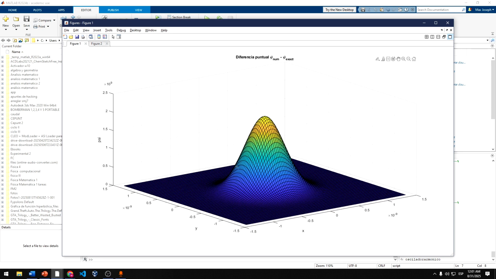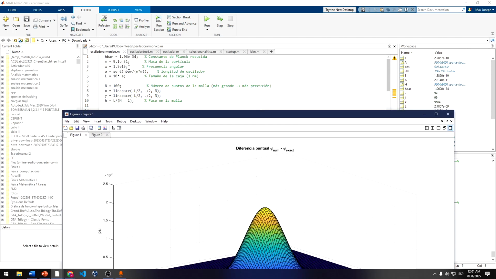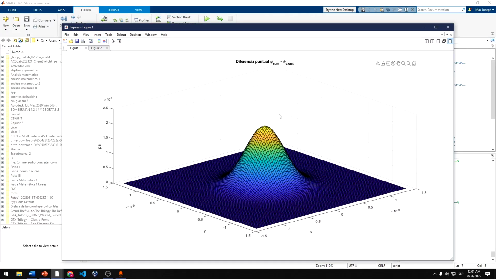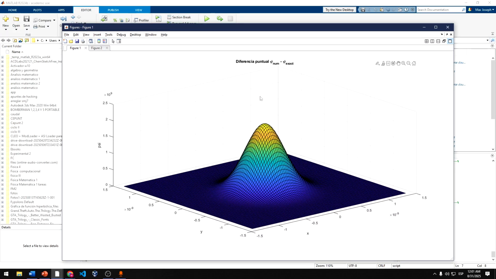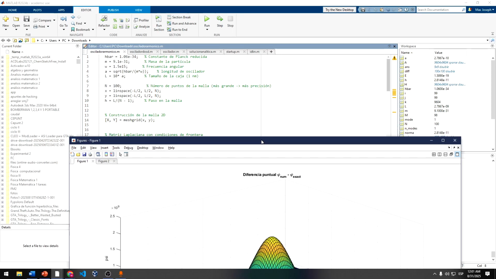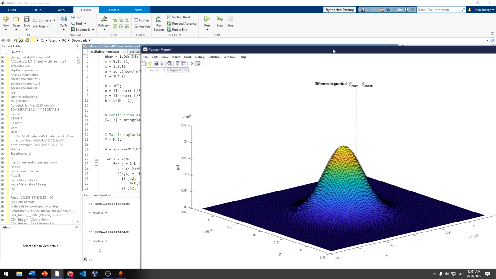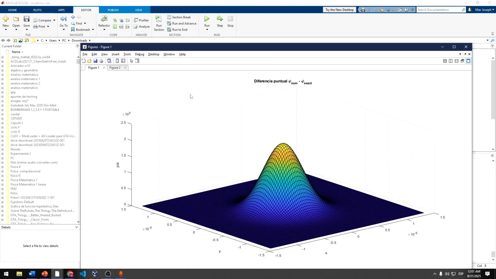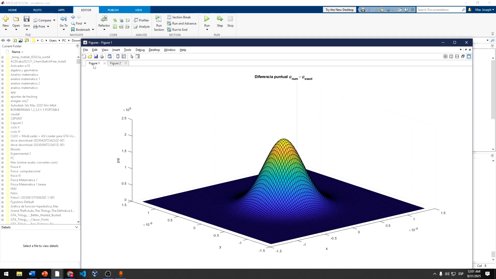Y el error, al tener unidades demasiado pequeñas y grandes a la vez, las diferencias entre una función analítica y una función numérica van a depender mucho de qué constantes sean esas. Y también el número de nodos. También quiero aclarar eso, que la diferencia entre una solución y otra va a también depender del número de nodos.